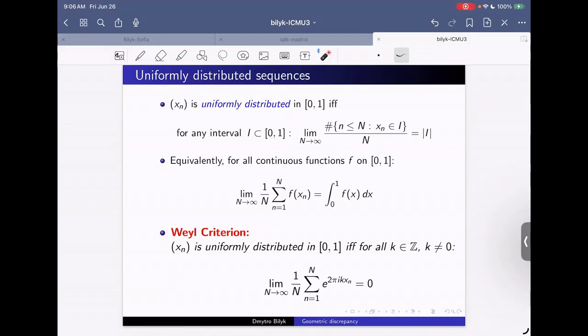That means every interval in the limit gets a fair share of the points.